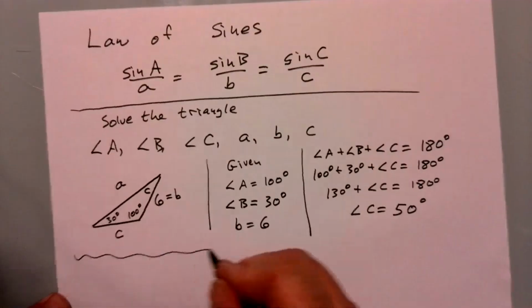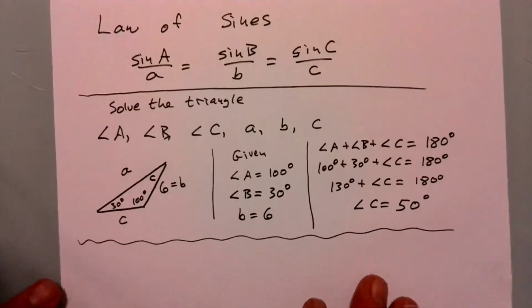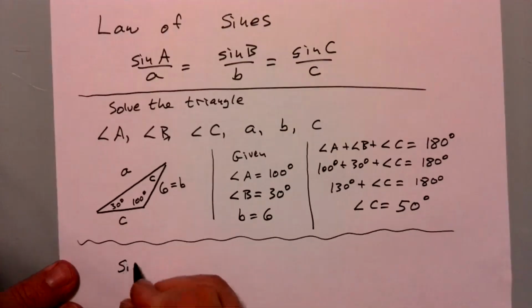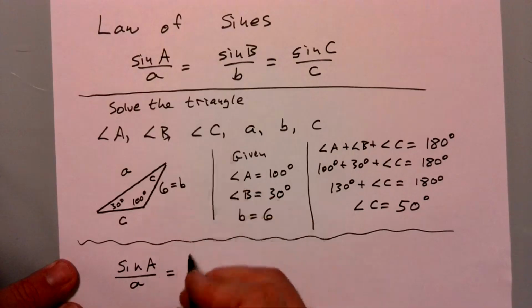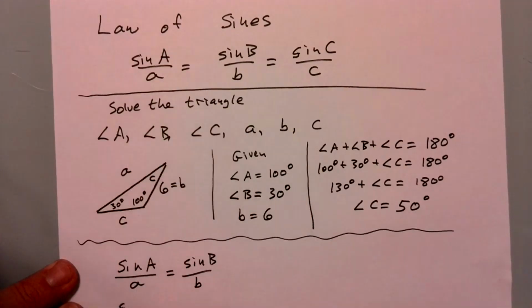So let's do that. So writing down our law of sines, we have, again, sine A over little a equals, we're going to start with sine B over little b. Sine of A, what is A? 100 degrees.